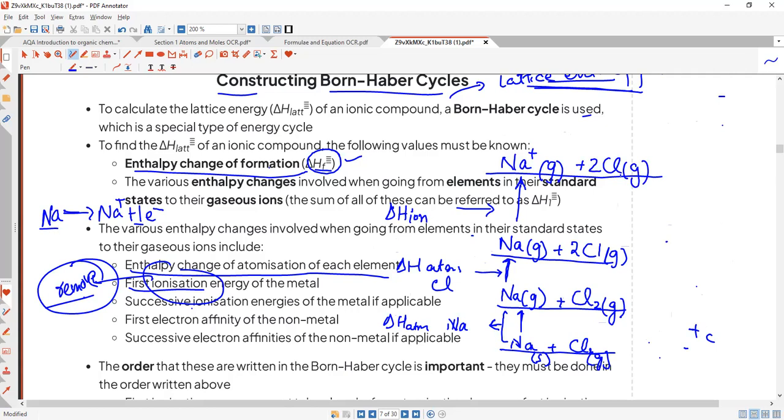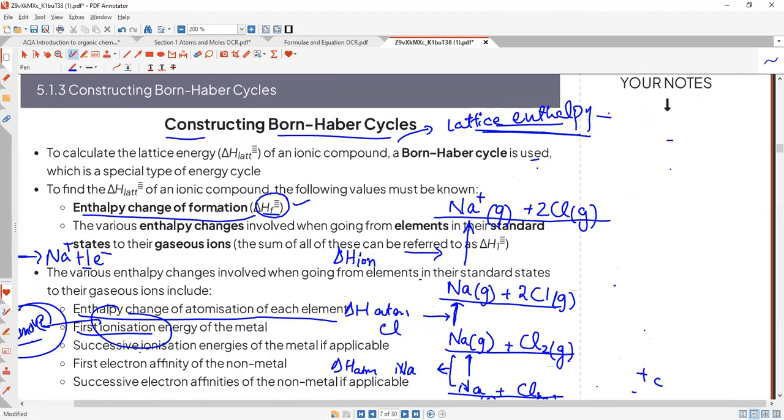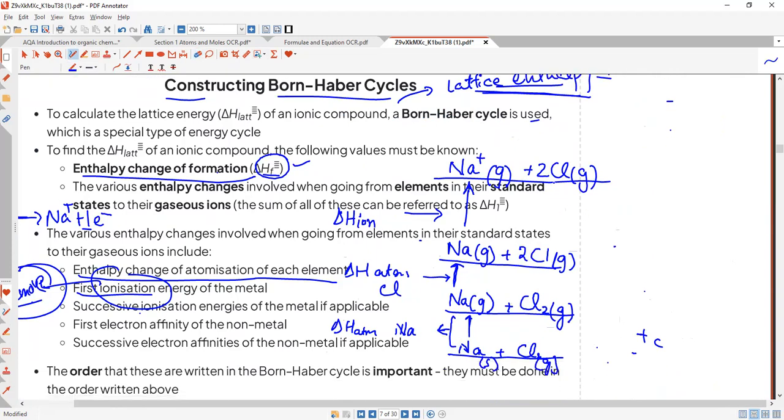Now chlorine, because it is a non-metal, just remember that the non-metal part will always accept an electron. So you can write it like this, because we have to draw a cycle.